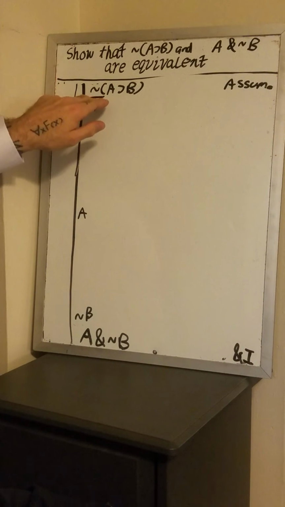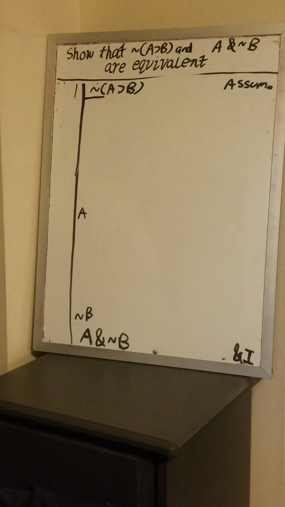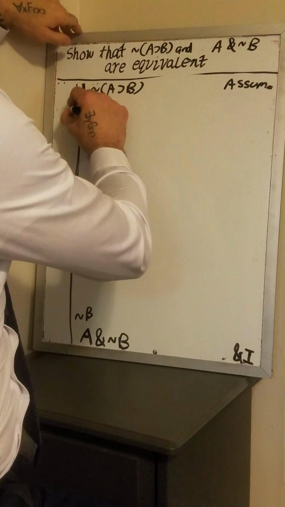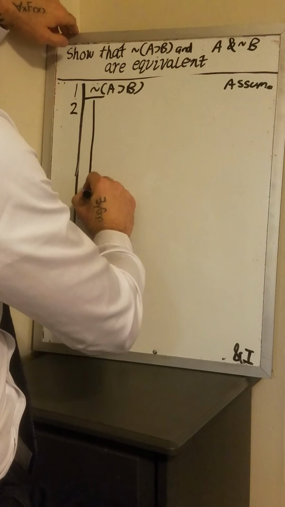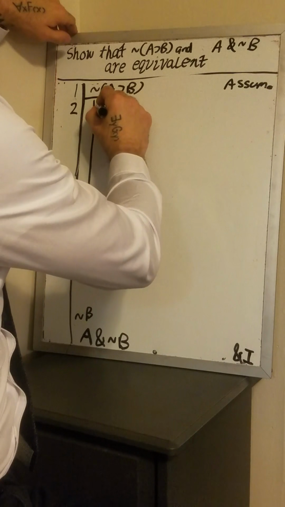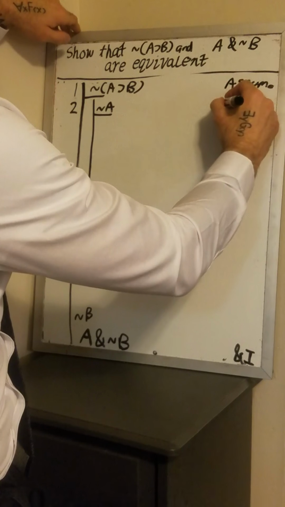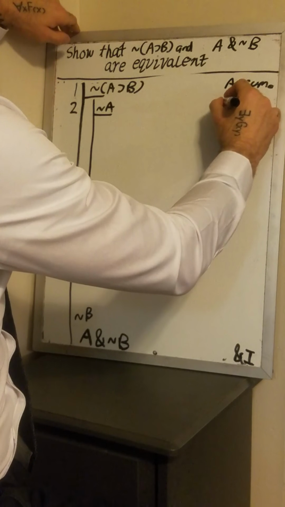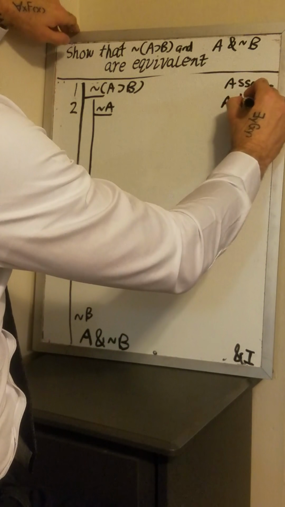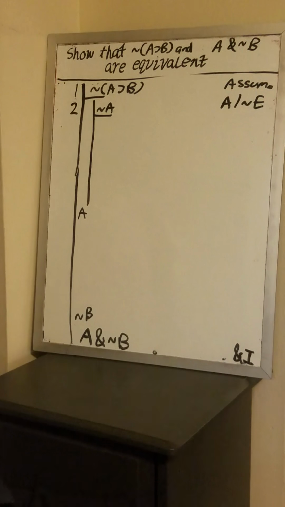Now, there's no obvious way to get A here. So what suggests itself is that we need to assume not A and show that a contradiction is going to follow. So we're assuming not A for purposes of negation elimination.